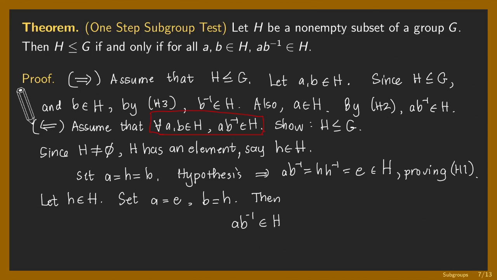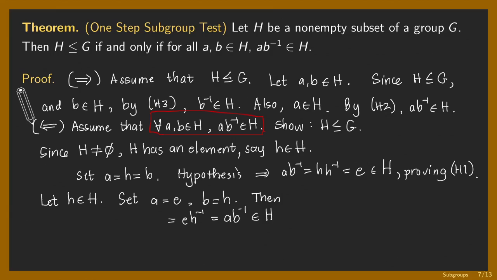But let me put it here so we have more spaces. So AB inverse is in H. No, I think I'd rather put this here. Okay. But if A is e and B is h, this is e h inverse.